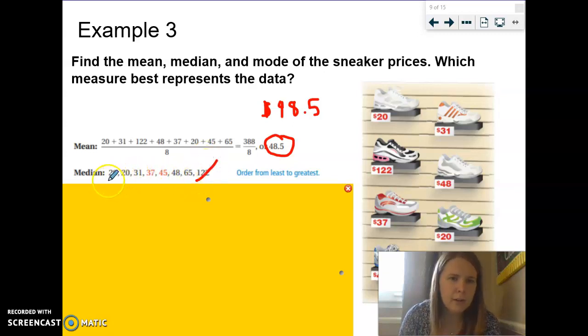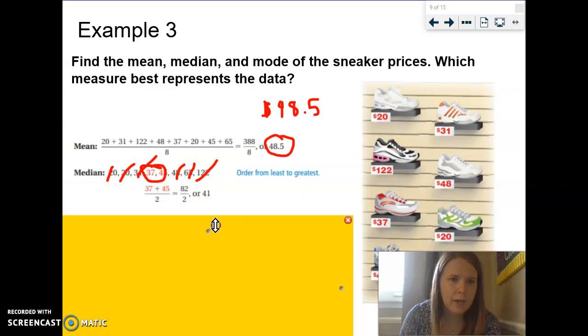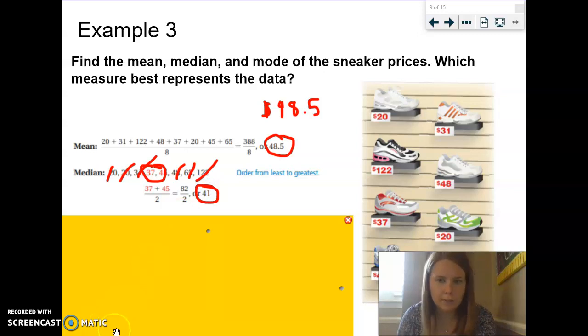Crossing these off along the way, and as you can see, they've already got the red ones here as your 2 middle ones. So I want something that's in between these. So that's where you're going to have to go back and do your mean again. So 37 plus 45 divided by 2, okay? And you get an answer of 41. So you could say, hey, the median, or the middle number, is $41.